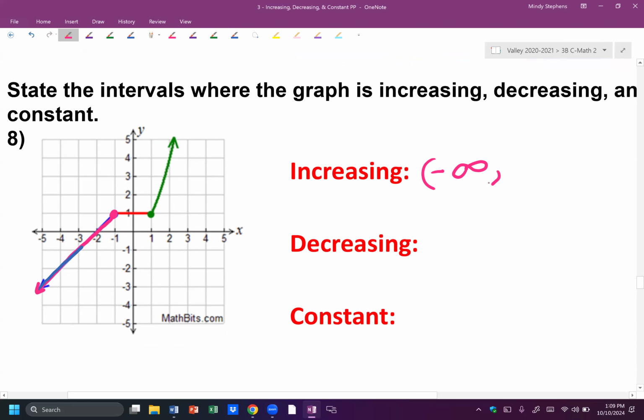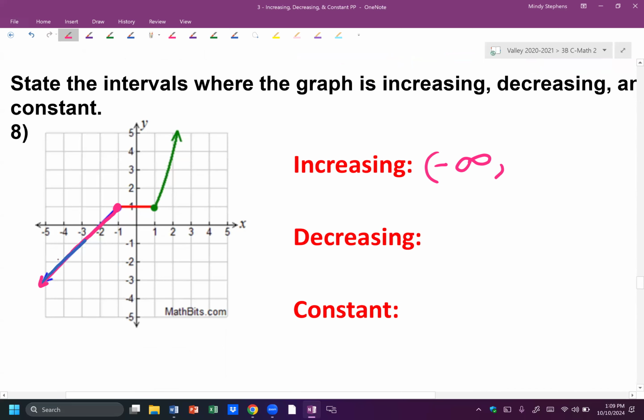And then it increases clear till we get to the top of that line, which is at -1 if we draw our line going up and down. So it stops increasing at -1. Then it's flat. So we just have to say where it starts and stops. So it's flat starting at -1, so constant.